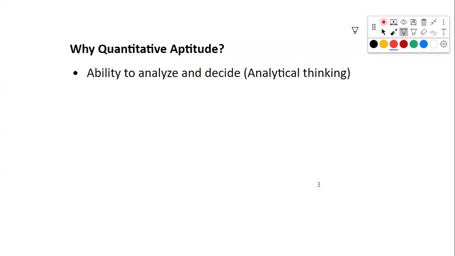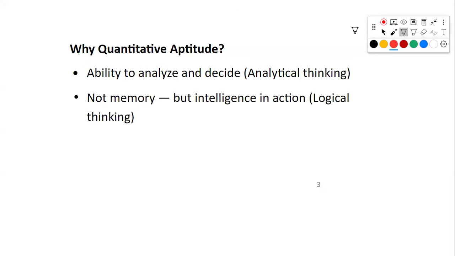Not memory, but intelligence in action. It is like the question you did previously: no formula is there, you can't use any formula to solve that question. The only thing is you are thinking logically to solve it. So it is not memory.